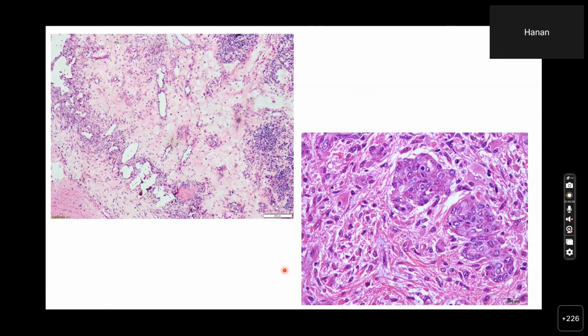Ma'am, changes in the stroma. There are blood vessels present. What are those blood vessels called? Ma'am, these are tumor infiltration around the blood vessels. Perivascular tumor cell infiltrations.